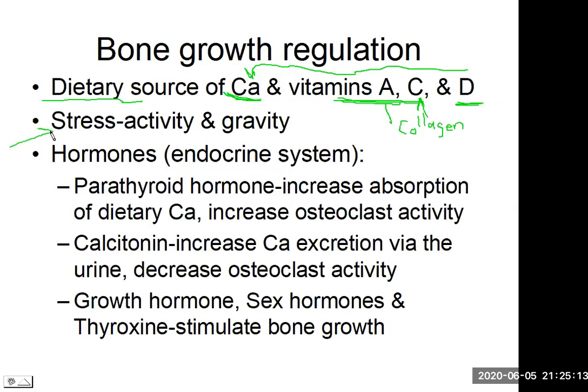Activity, physical activity, just standing up, walking around, that's also helpful in our bone growth and development. So you always think of exercising your muscles, but your muscles are directly pulling right on your bones. So that helps to strengthen and develop our bone structures as well.